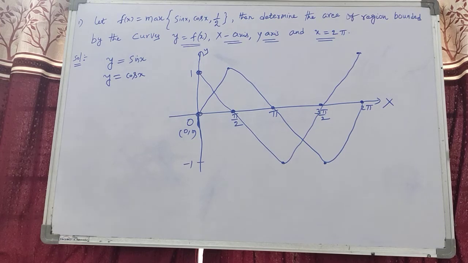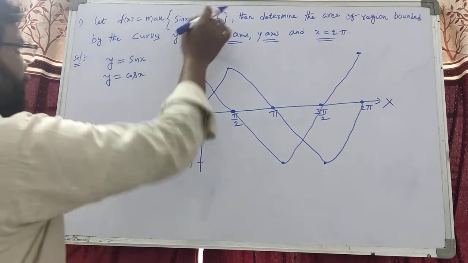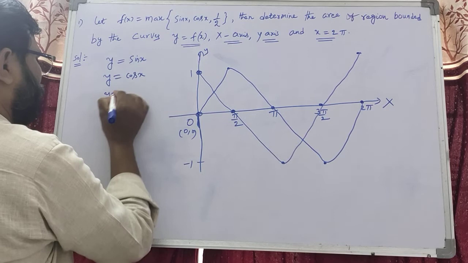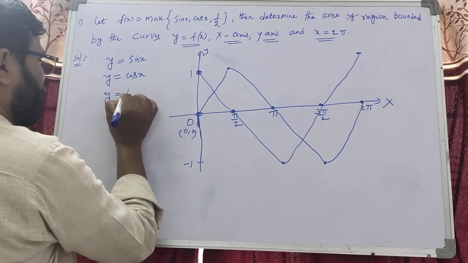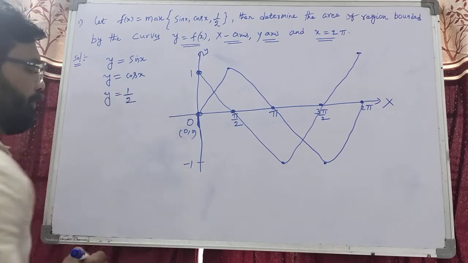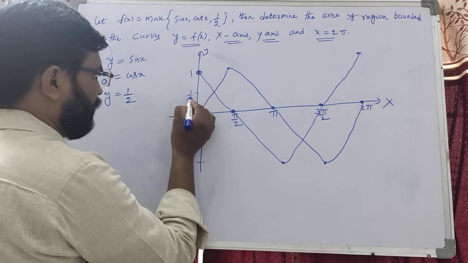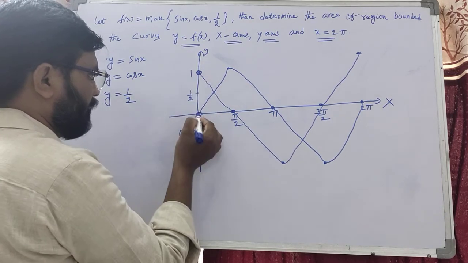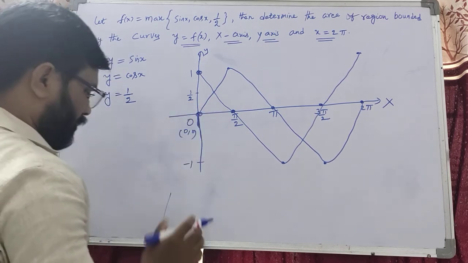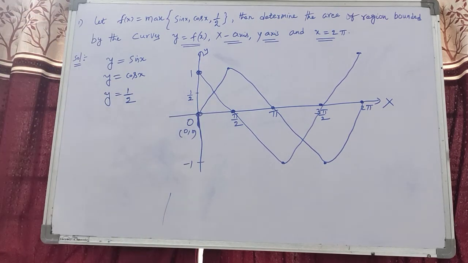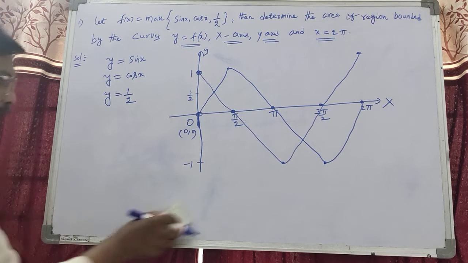One more thing is given, another curve is given, that y equals 1 by 2. Sorry, dear students, 1 by 2. Therefore, this is the 1 by 2 value. This is the 1, this is 1 by 2. Now, students, we take y equal to 1 by 2.